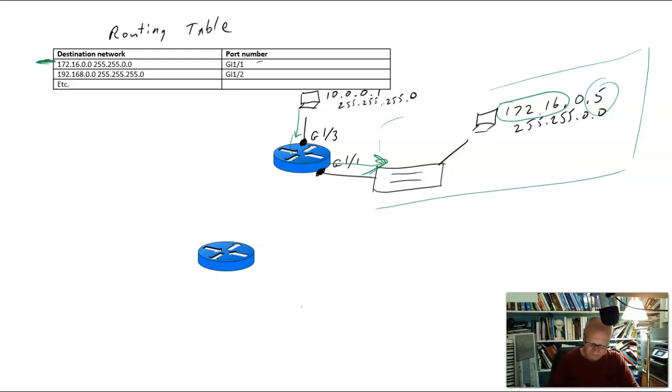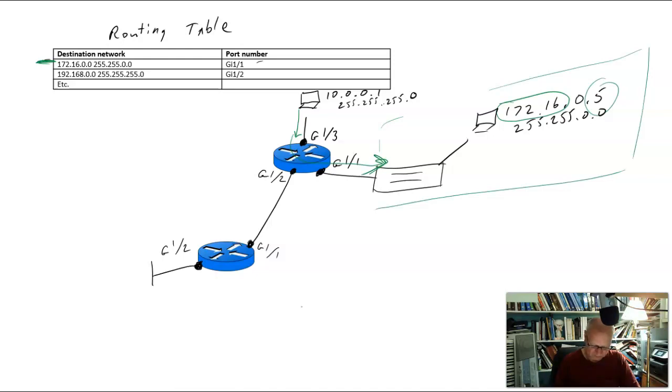Let's add now something else. I'm going to put another port on this router. I'll call this port G1/2. Over on this router, this is port G1/1, and I'll put another port here, G1/2 on this router.